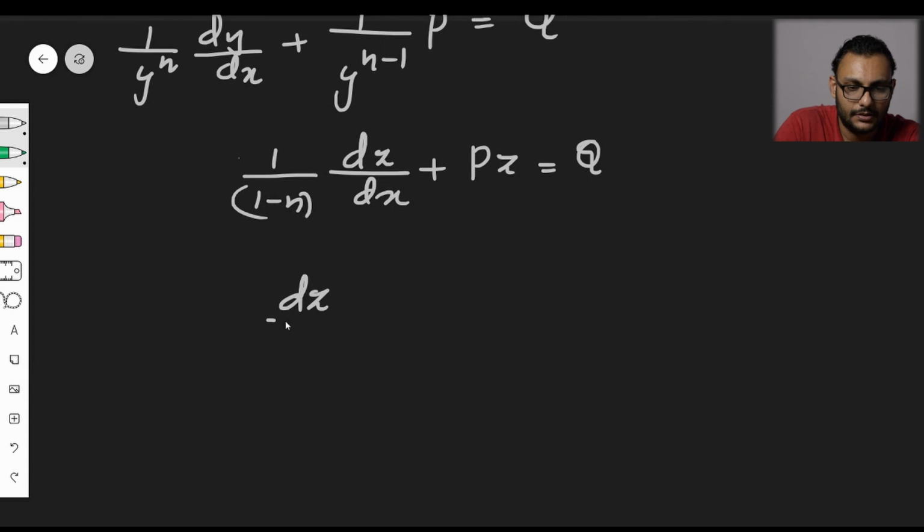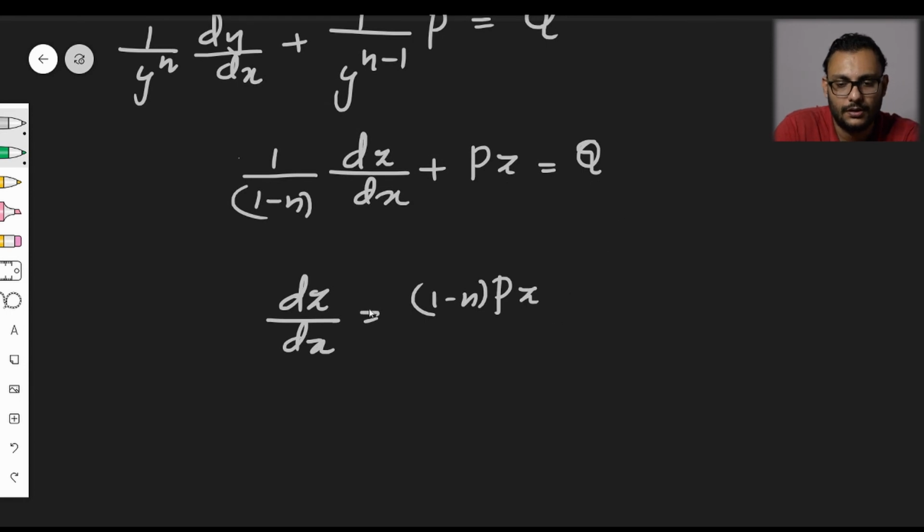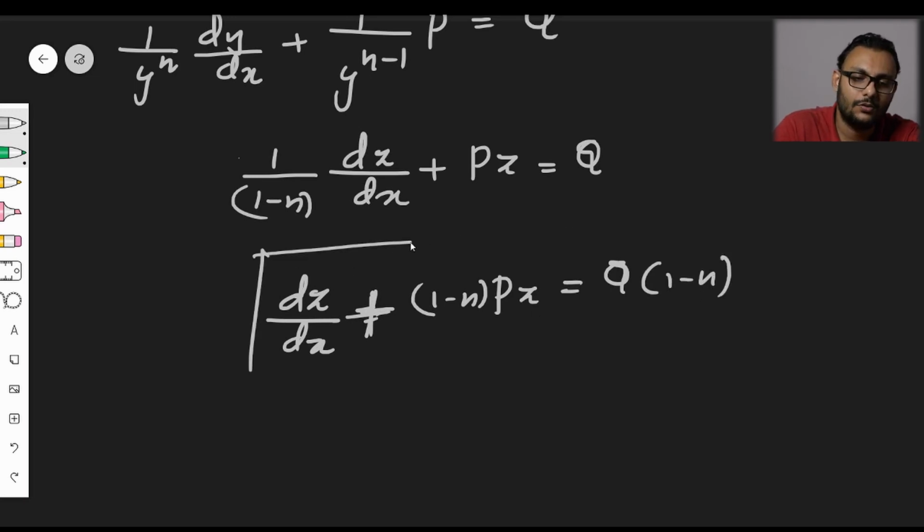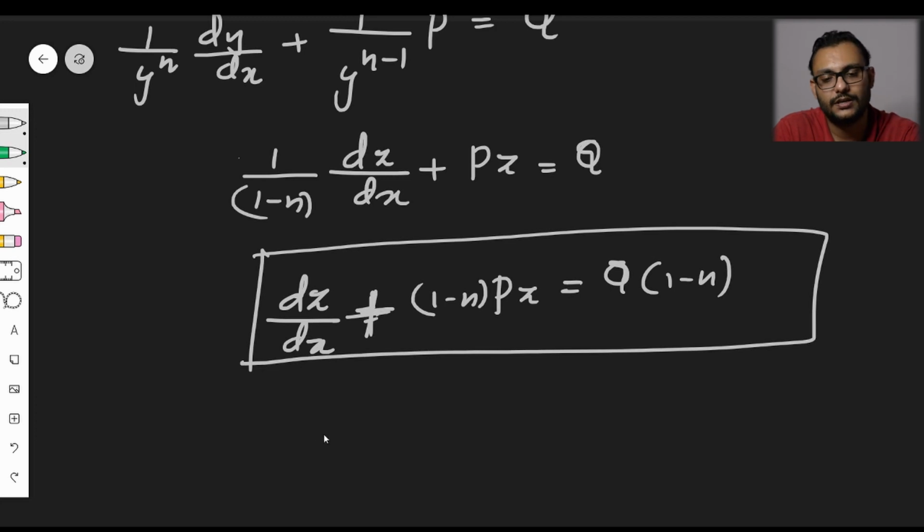So we will get dz by dx plus 1 minus n into pz equal to q into 1 minus n. Now this equation becomes a linear differential equation, and we can find the integrating factor and substitute. In the final step we can substitute back the value of z to y, and we will get our final result. This is the special case that can be reduced to linear form.